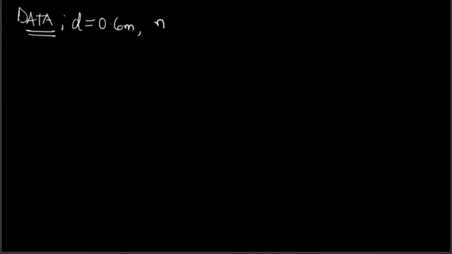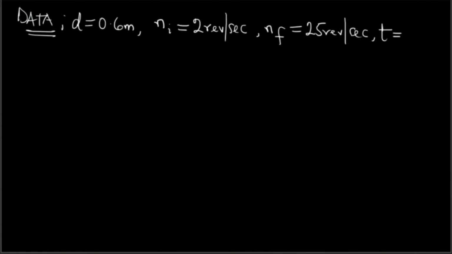So from the initial rotational frequency of 2 rev per second to 25 rev per second. It took the wheel 4 seconds to move from 2 rev per second to 25 rev per second.